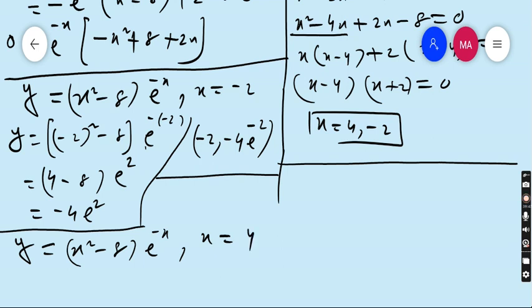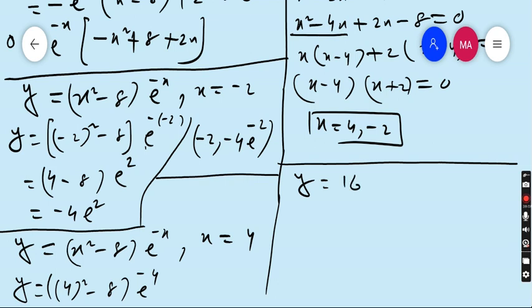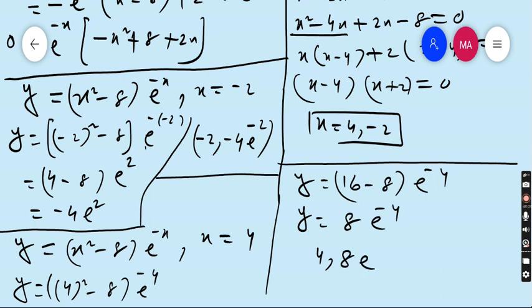Now satisfy this equation by x is equals to 4. y is equals to 4 square minus 8 e power minus 4. 4 square is 16 minus 8 e power minus 4. 16 minus 8 is 8 e power minus 4. Hence, our second stationary point is 4 comma 8 e minus 4.